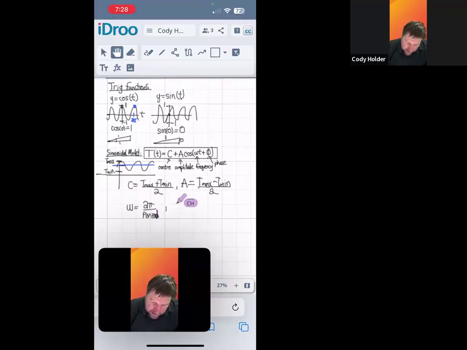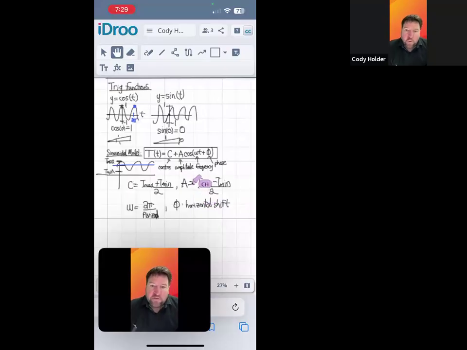And then for phi, I would just say there's no real general formula. Just look at your graph and do a horizontal shift, whatever you need to make it be a cosine graph. Because the maximum is not going to be at time 0. You have to shift it so the maximum is at time 2 or whatever you want the maximum to be.